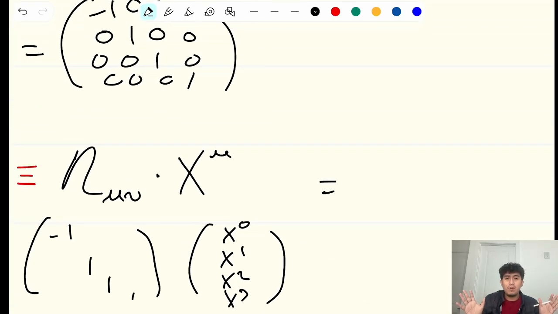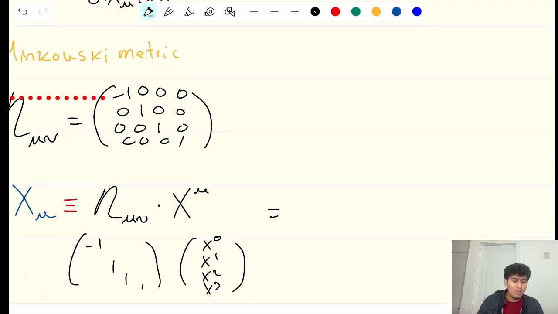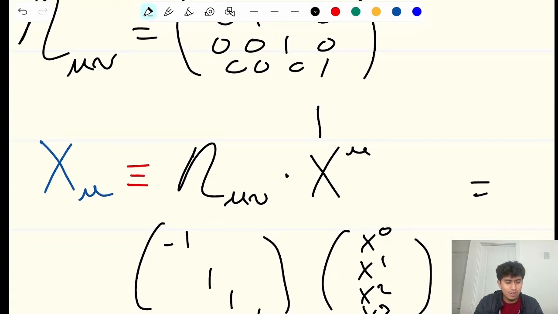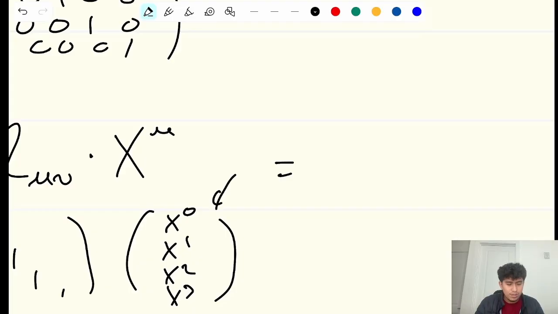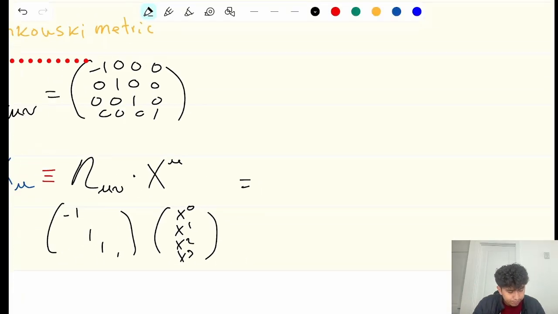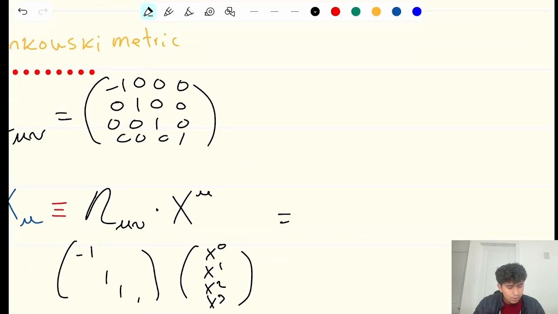So if you wanna think about it, there's 2 ways. One, you can use the fancy names: this is called a contravariant 4 vector, and this is called a covariant 4 vector. Or you can just call it upper index, lower index, and whenever you see upper index, it's a column vector, whenever you see lower index, it's a row vector, as usual. So this would give you minus x0, x1, x2, x3.